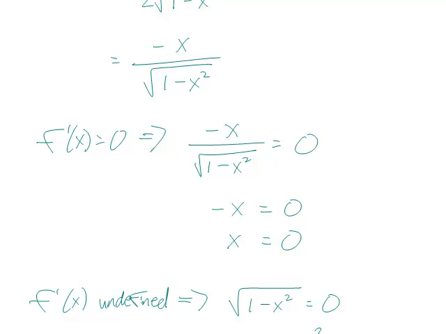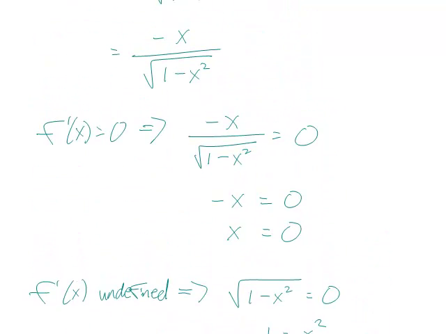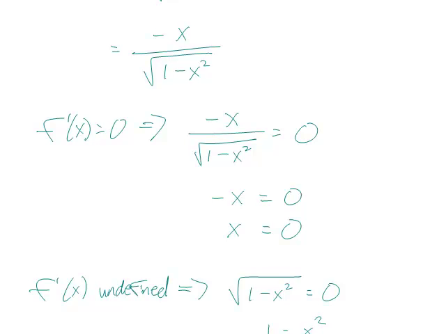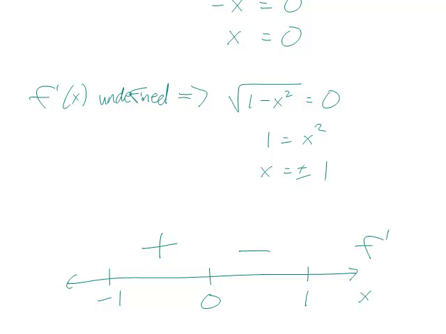The square root is always going to be positive on the bottom, but if you plug in a positive number on top, you get a negative number with that negative in front. So it's going to be negative here, and the same logic applies to negative a half. If you plug in negative a half, the top becomes positive a half, and the bottom, well, who cares? It's a square root. It's going to be positive or 0. But we know that it's not 0 because x isn't 1 or minus 1.